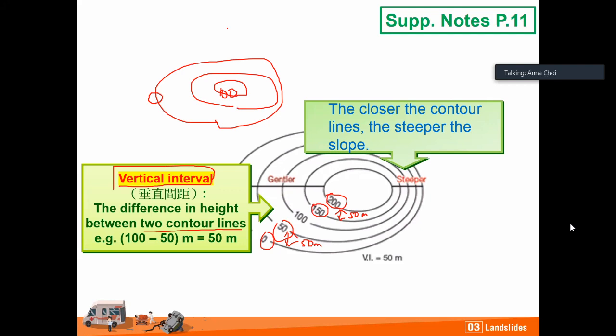Yes. You have to do some calculation because before we reach 100, there are two intervals, so you simply divide 100 by 2. So you know that here will be 50.